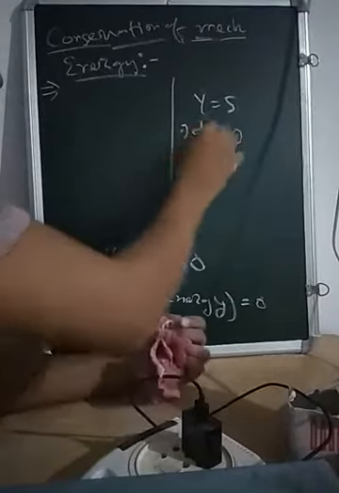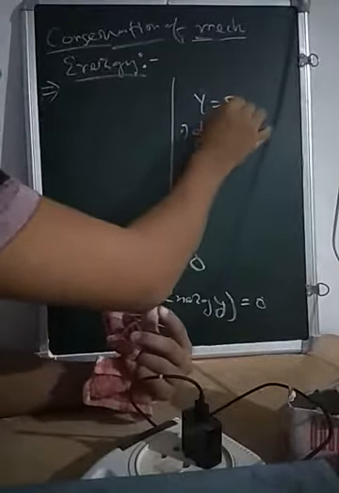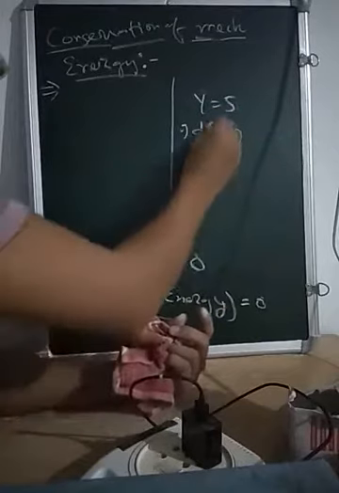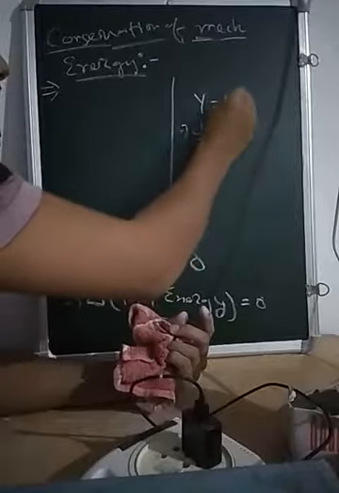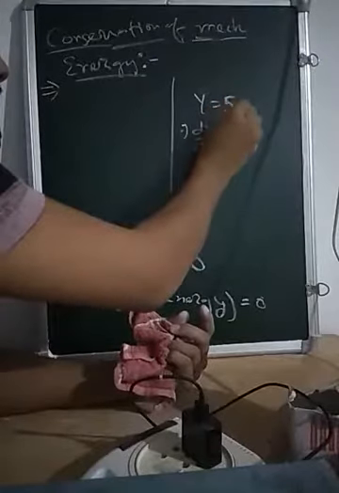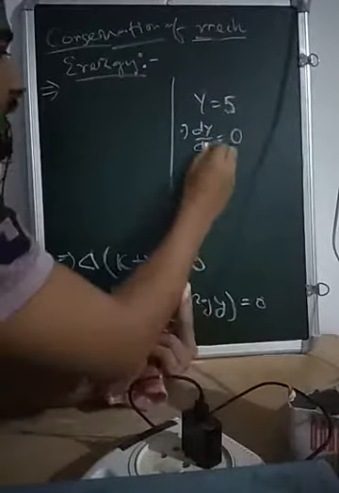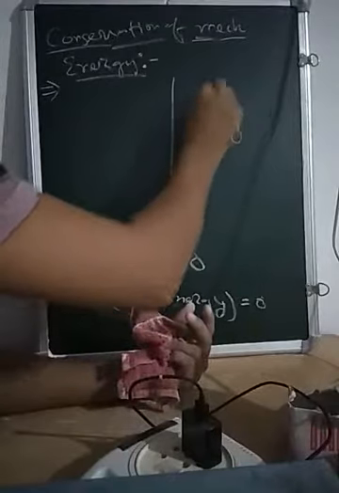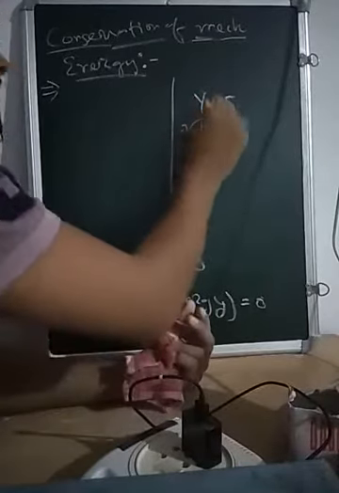When y is constant, y does not vary, so the change in y with respect to x is 0.